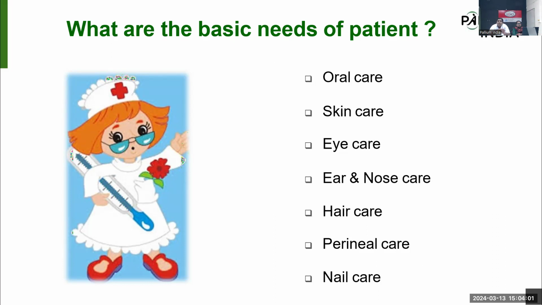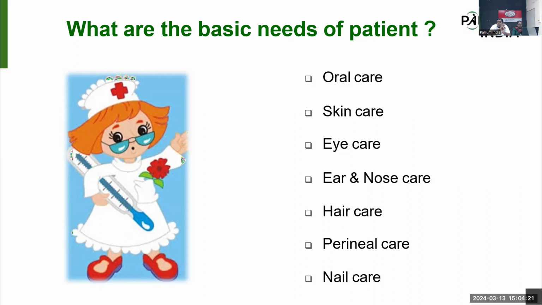On our patient side, if a patient is bedridden, the basic needs are oral care. How do we care for the patient? Oral care is the first one. The second is skin care, eye care, ear and nose care, hair care, perineal care, and nail care.